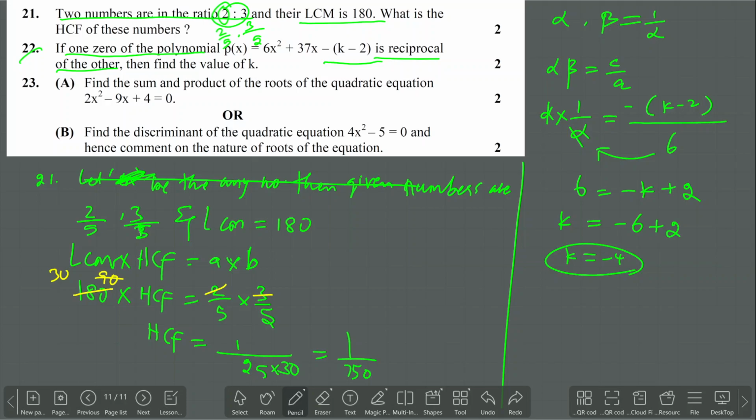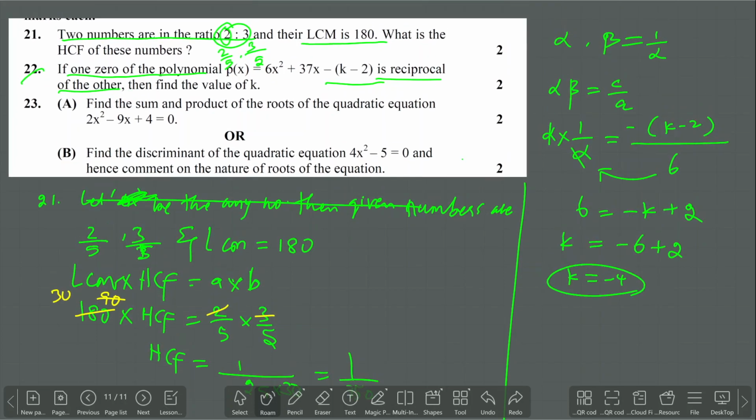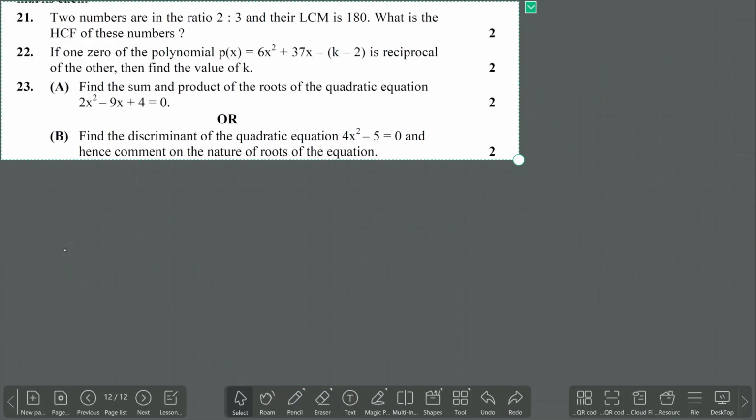Okay. Next, 23rd question. Here they have given 2 questions. First, find the sum and product of the zeros of the quadratic equation. Very easy question.